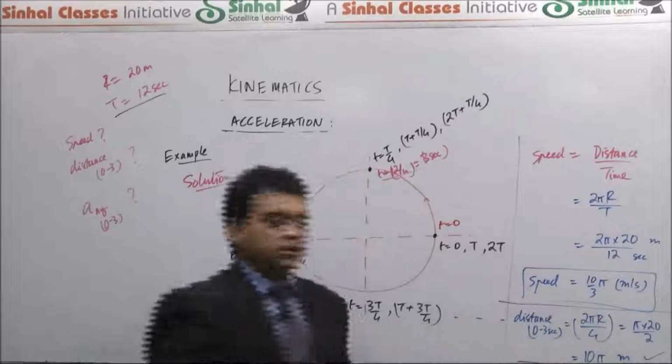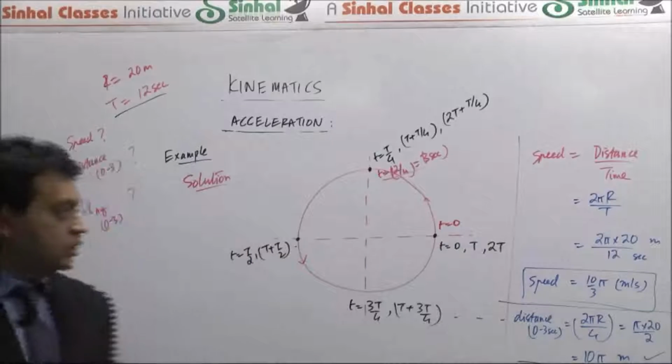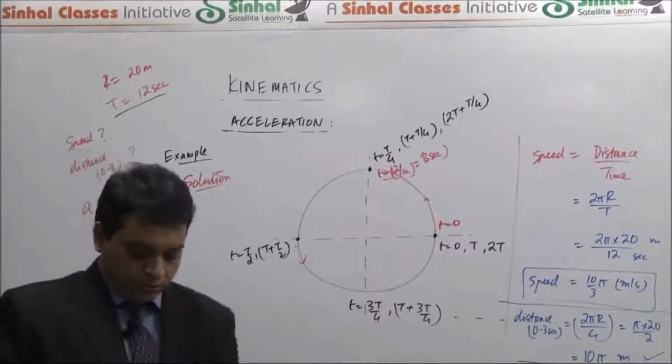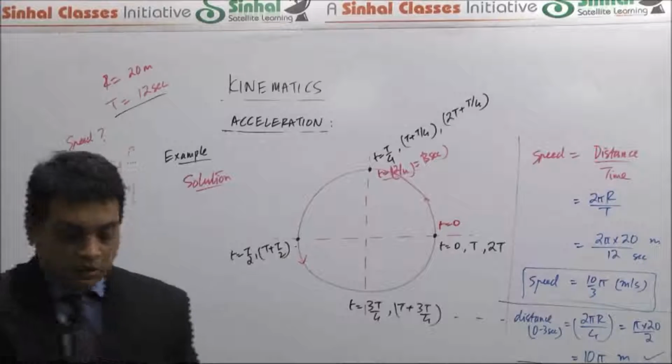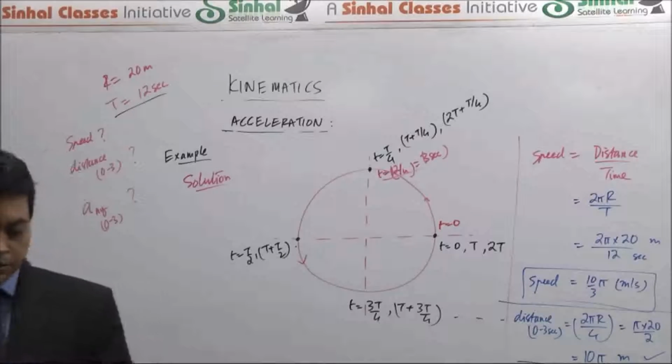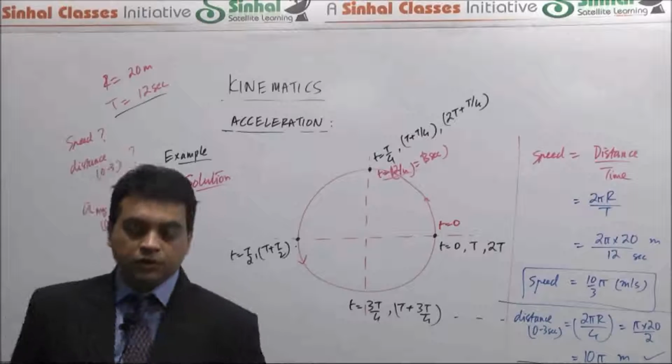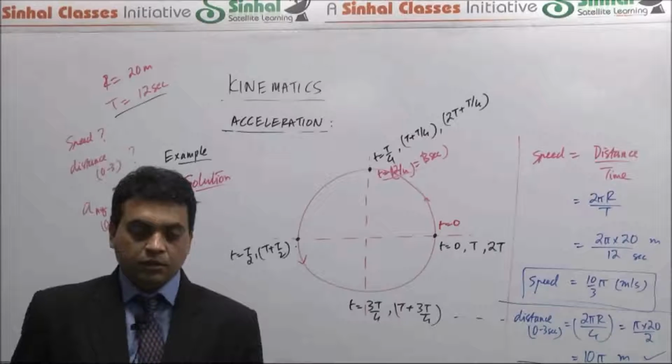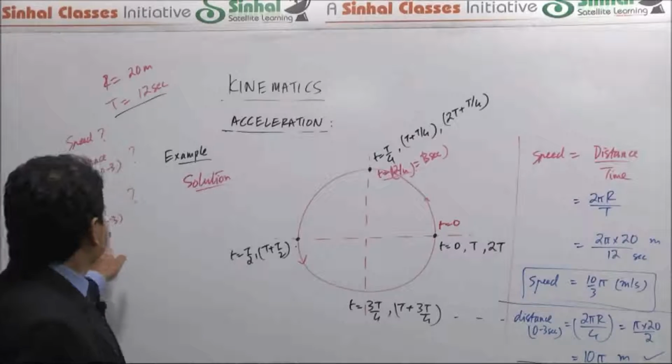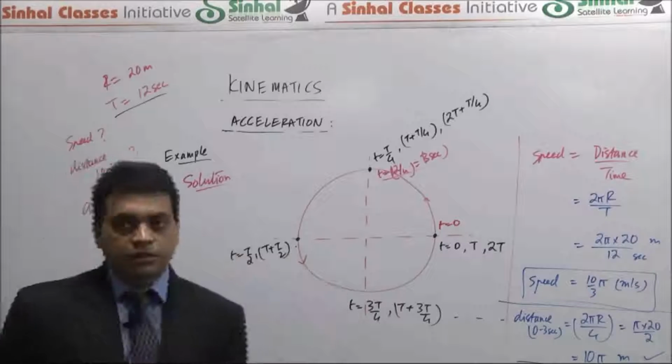That's the next important thing here. Just make sure you take a note of that. Right, taking that down, next we'll move on to calculation of the average acceleration between 0 to 3 seconds. Just take this down.